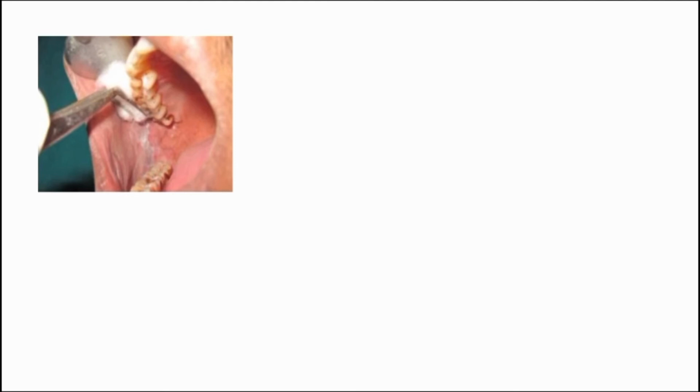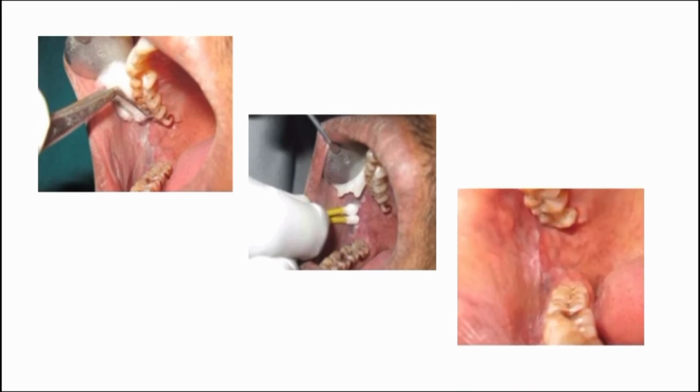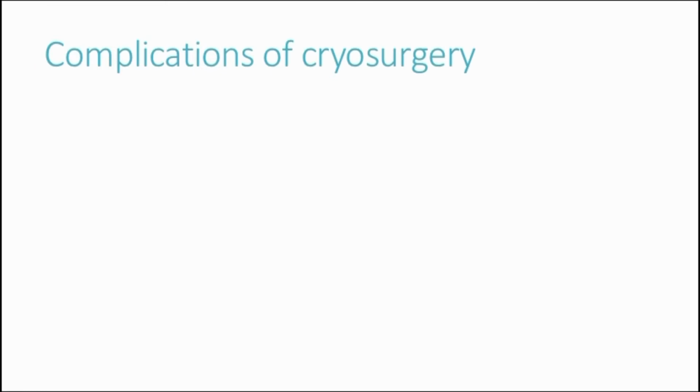Then we apply local anesthesia. The cotton swab is dipped into the liquid nitrogen for 5 seconds and applied to the lesion with pressure for 20 seconds to form an ice ball, and then we repeat the cycle at least 4 times. This was the result after 10 days.